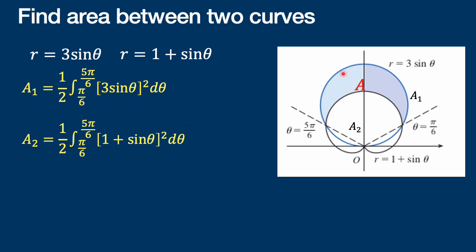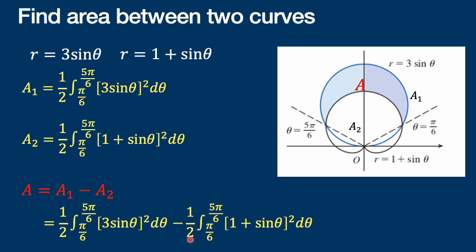Our area between is the outside, A1, minus the inside, A2. So A is A1 minus A2. We have 1/2 times the integral from pi over 6 to 5 pi over 6 of (3 sine theta) squared d theta, minus 1/2 times the integral from pi over 6 to 5 pi over 6 of (1 plus sine theta) squared d theta.